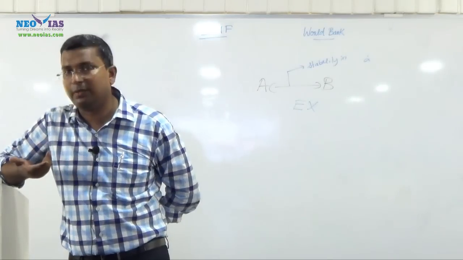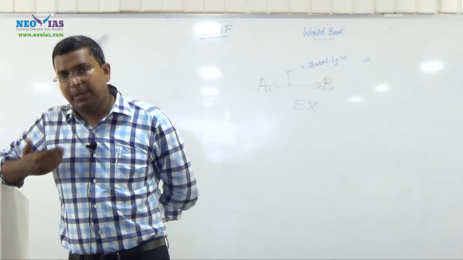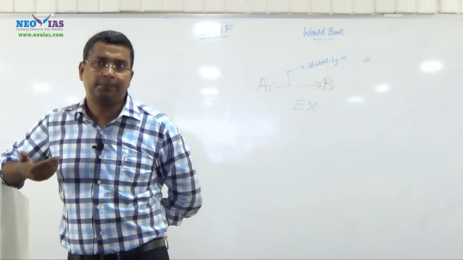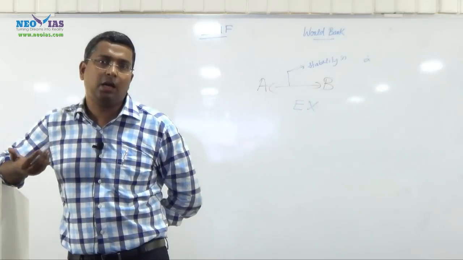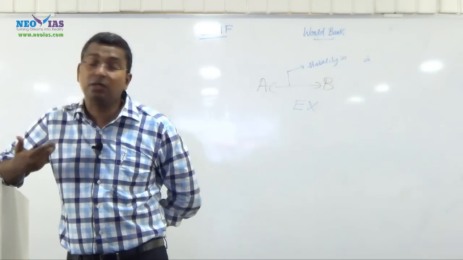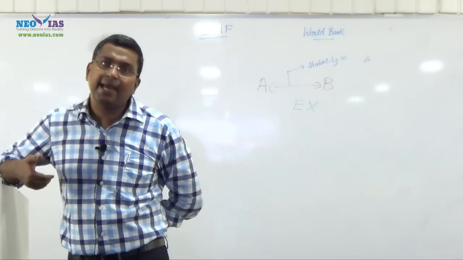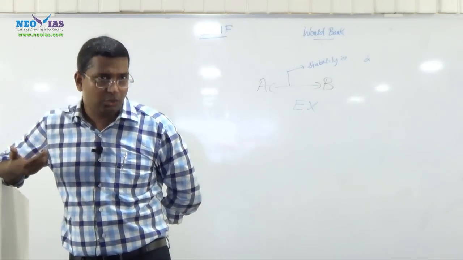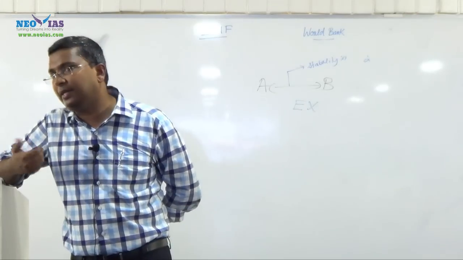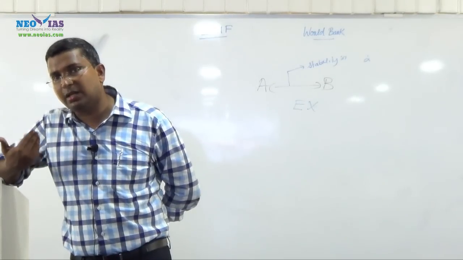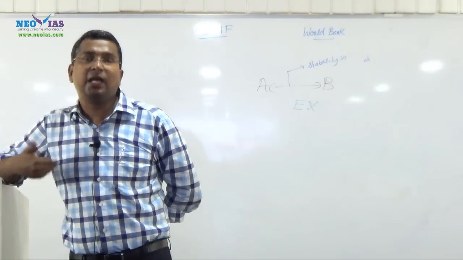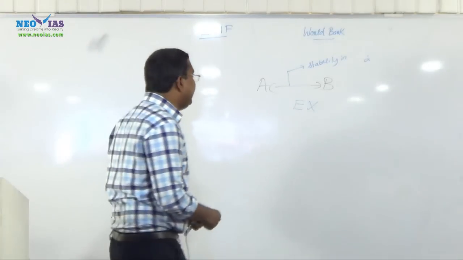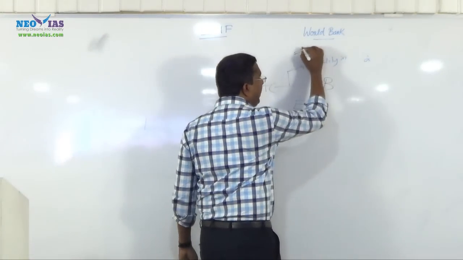But towards the end of the World War, at a place called Bretton Woods, all the major global leaders met and decided to create two very important institutions. One will take care of promoting the international monetary system, and the other will take care of the development aspect.